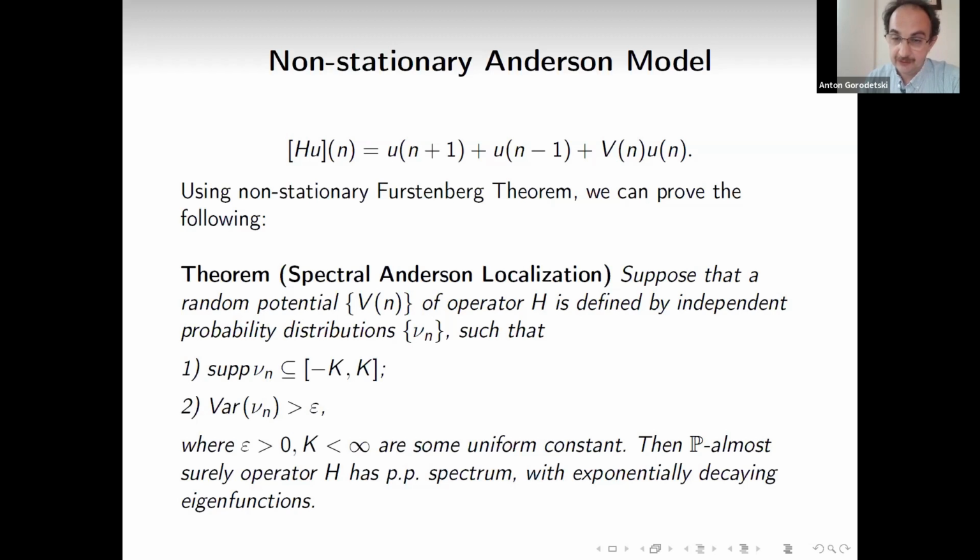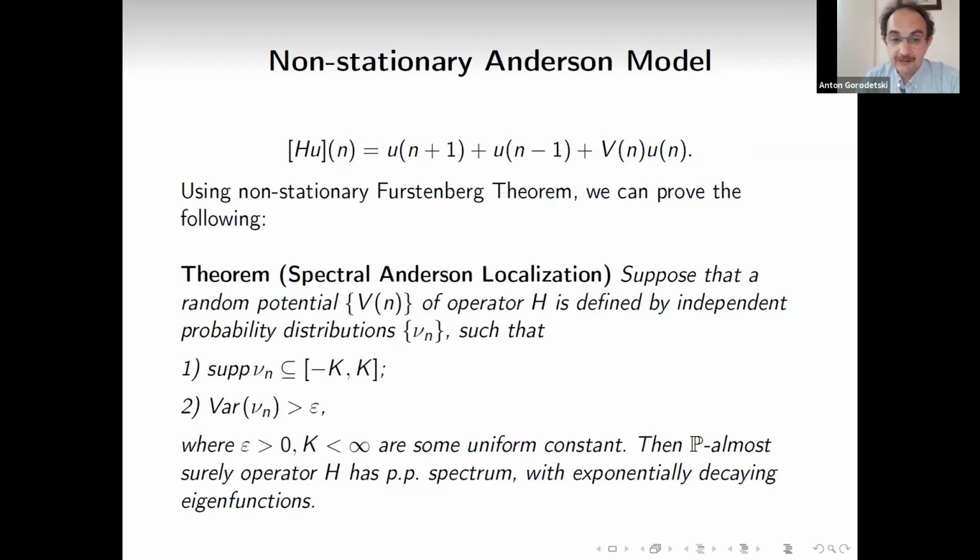So you have a family of a priori chosen distributions at each site, and you choose the potential with respect to the distribution. We assume that all the distributions have supports that are uniformly bounded, and we assume that the variances are bounded away from zero. So roughly speaking, we assume that the randomness does not degenerate. We have some non-zero randomness, bounded away from zero in some sense, at each site.